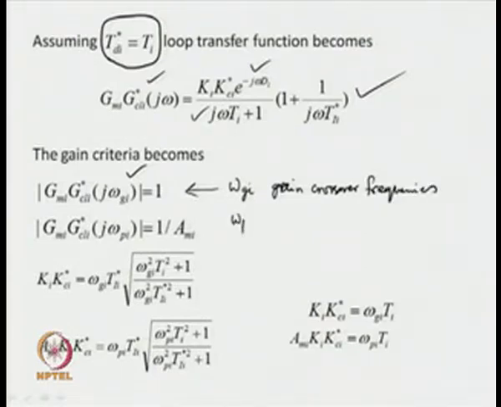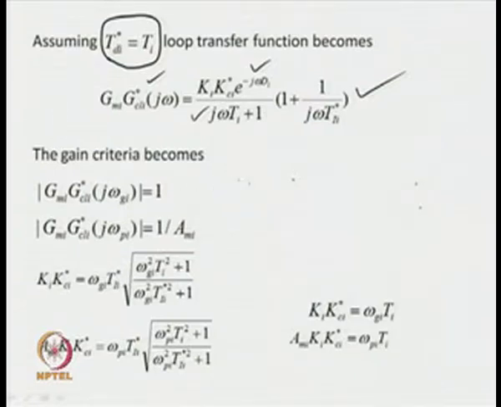Similarly, omega pi in the second expression is for the phase crossover frequencies. So, with the gain and phase crossover frequencies, it is possible to write the two equations related to the gain of the loop. The loop transfer function gives us the two expressions as shown over here.